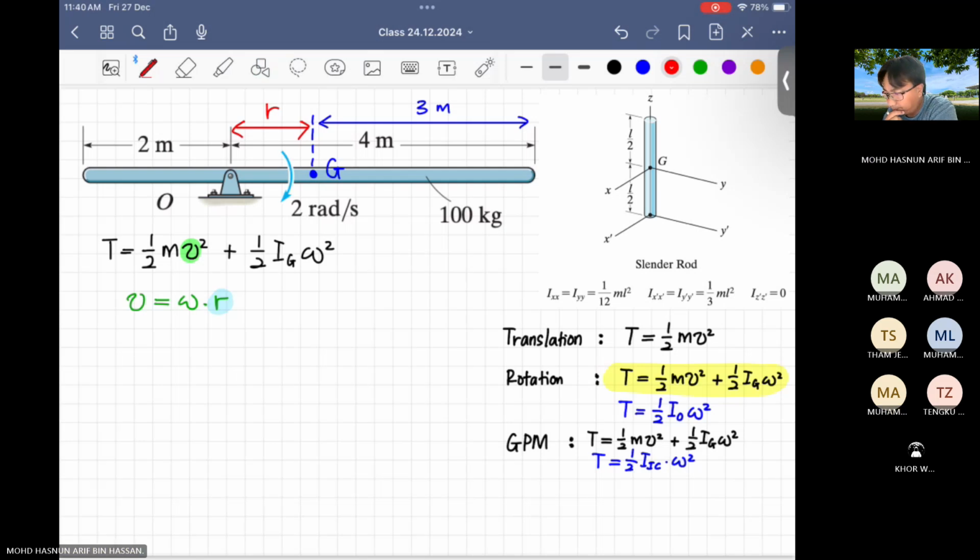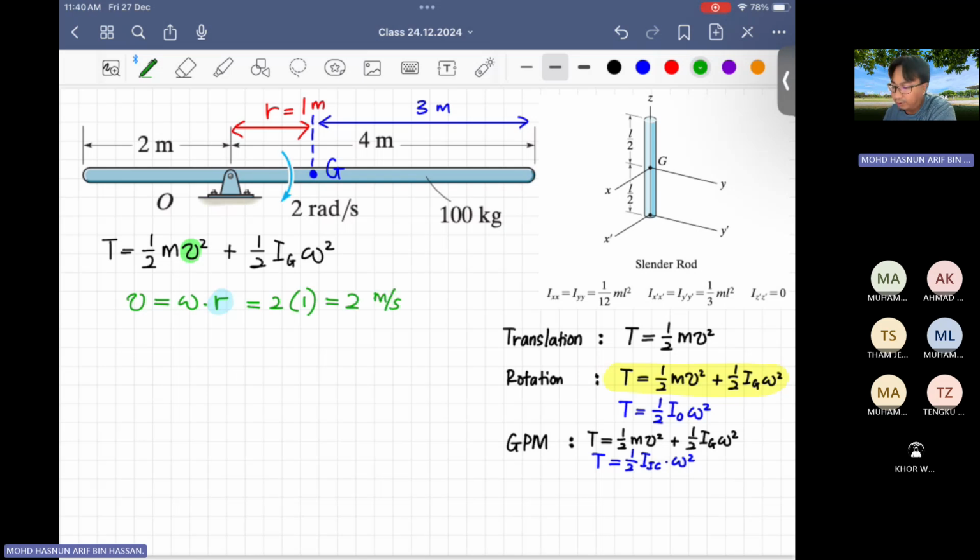Are you sure? 3, 1. 1 meter. R is 1 meter. So then we can get the value of V, which is 2 rad per second times 1, also equal to 2 meter per second.